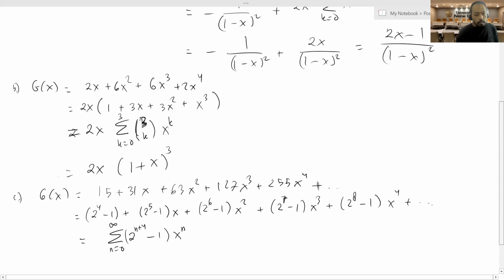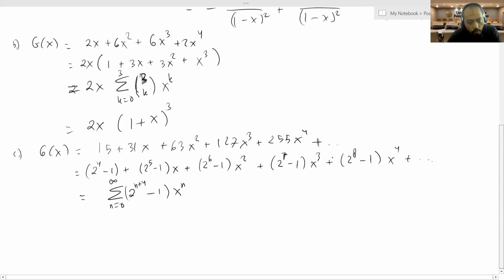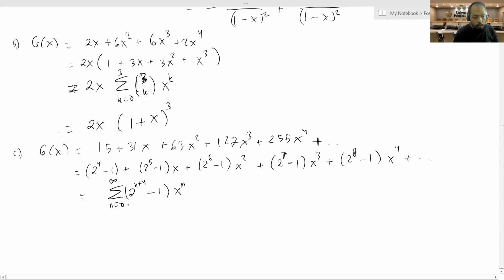That's how we get the form, and now we simplify this by simply multiplying them. This becomes the sum from n equals 0 to infinity of 2 to the power n plus 4 times x to the n, minus the sum of n to infinity x to the power of n.